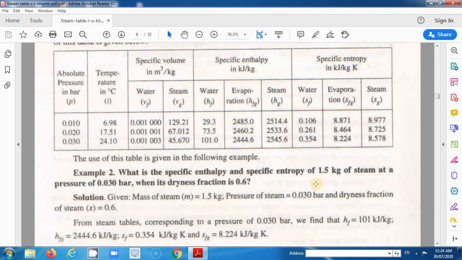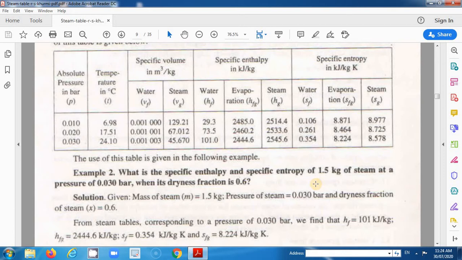Same formulas we have to use. Straightforward: H is equal to mass into HF plus X HFG. For specific entropy, S is equal to mass into SF plus X SFG, because in this numerical also the given steam is a wet steam. Suppose steam is said to be dry saturated, then X is equal to 1. Directly we have to take HFG or SFG, isn't it?